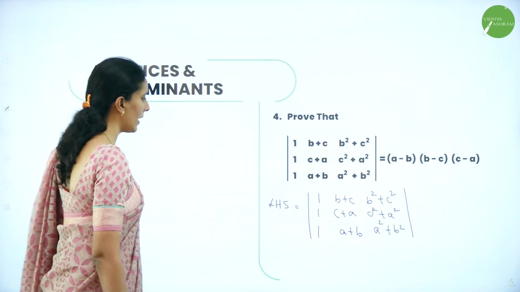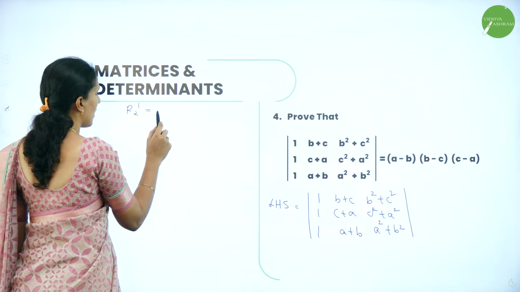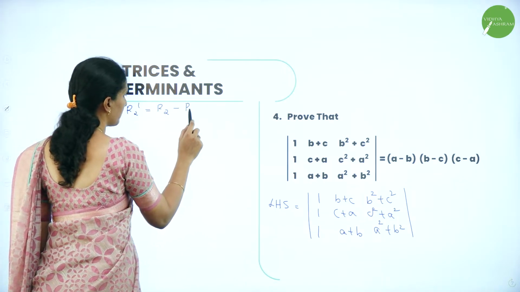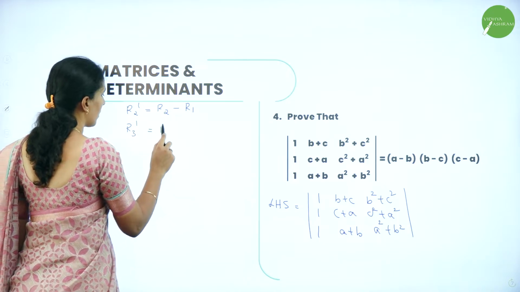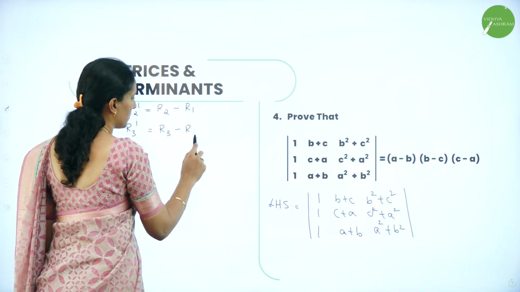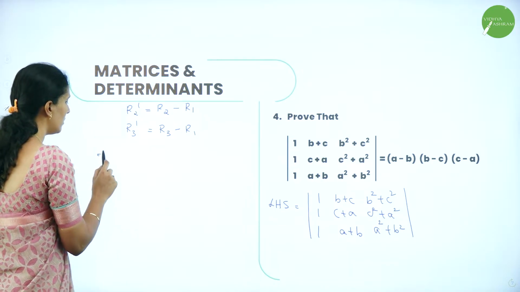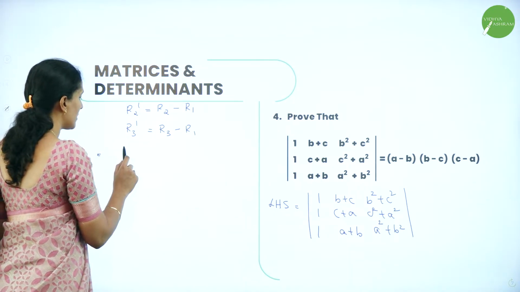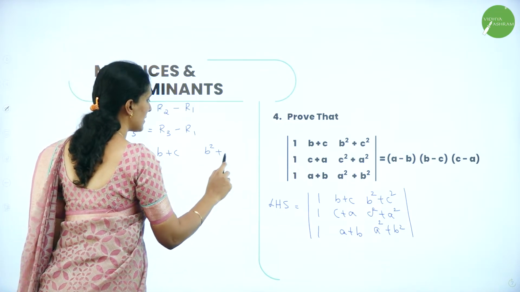To evaluate this determinant, I will take the second row as R2 minus R1 and the third row as R3 minus R1. After doing this, let me check what happens here. Let me write the first row as it is: 1, B plus C, B square plus C square.